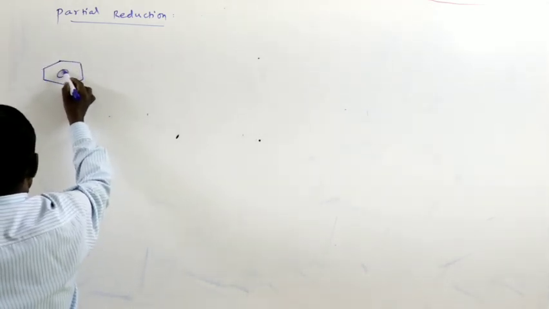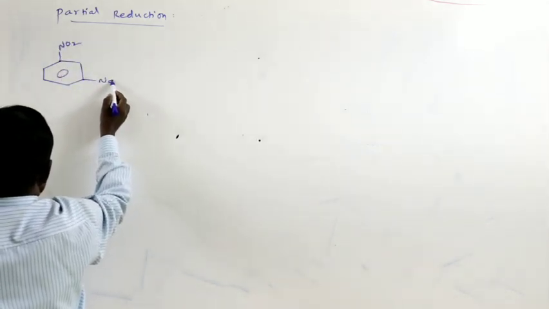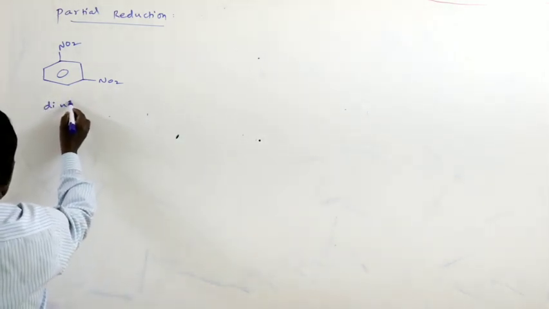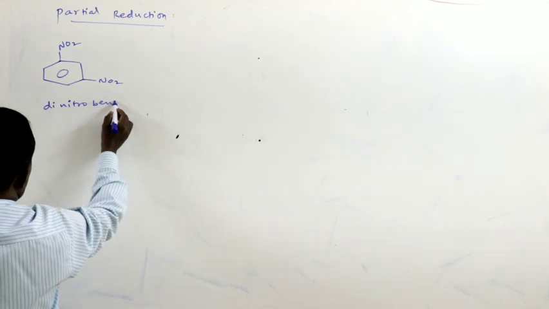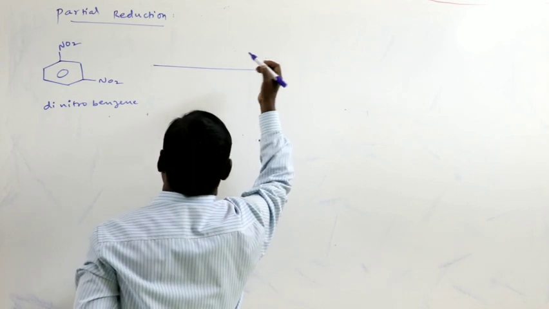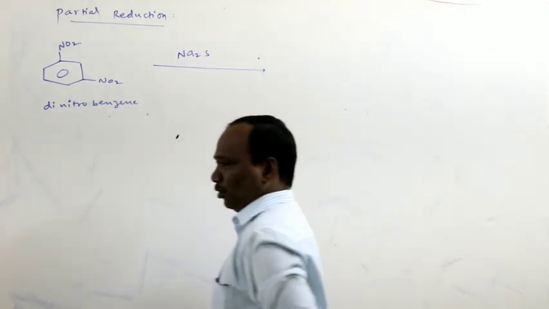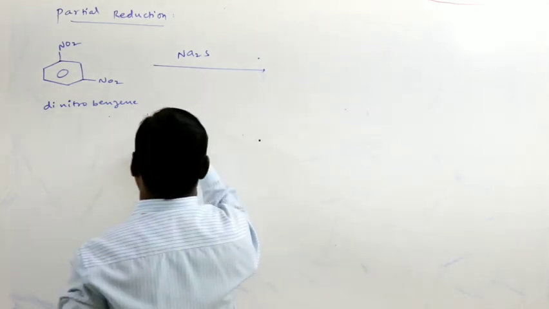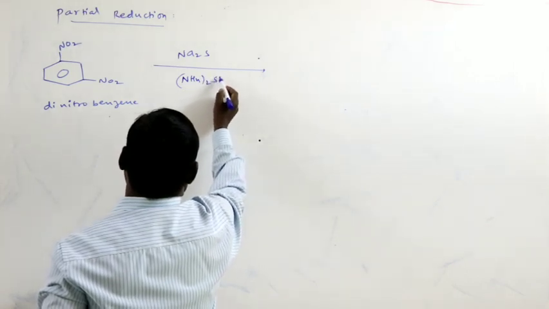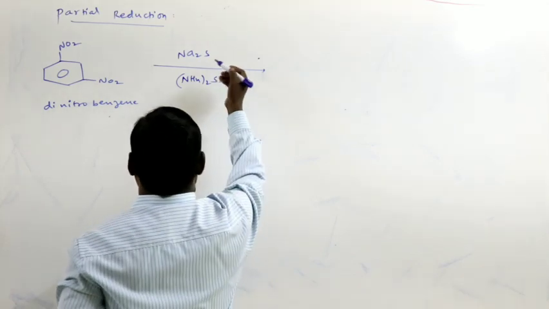Dinitrobenzene, with NO2 groups. Now this dinitrobenzene reduction with Na2S, sodium polysulfide, or NH4SH, or Na2S2O3.